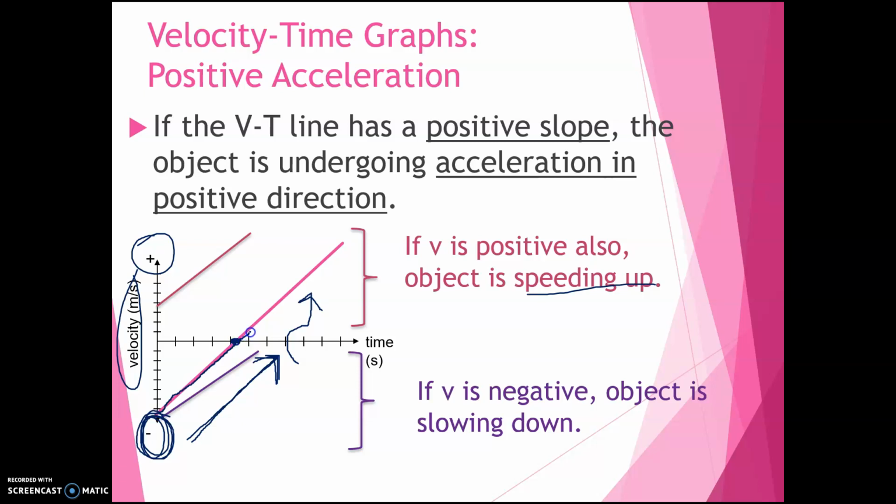Then it continues moving at the same speed, same change in speed. So maybe it's 2 meters per second right, 4 meters per second right, 6 meters per second right, 8 meters per second. So as you can see, at first the object was slowing down, then it stopped, and then it finally starts increasing in speed.